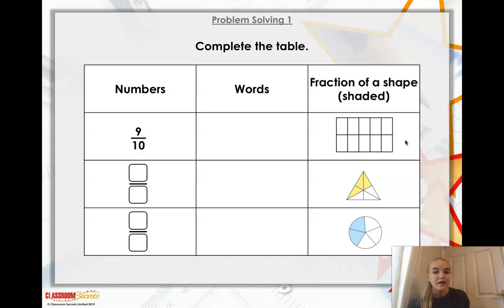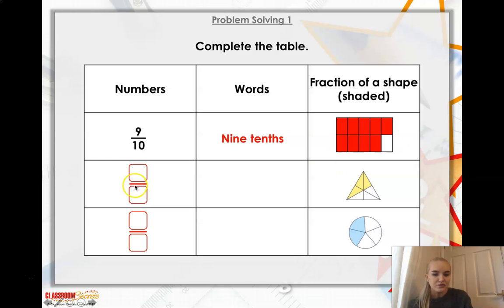We know that 9 of those pieces should be shaded. So in our first row, we have written 9/10 and we have shaded in 9 out of the 10 pieces. So we have shown 9/10 as a shape.